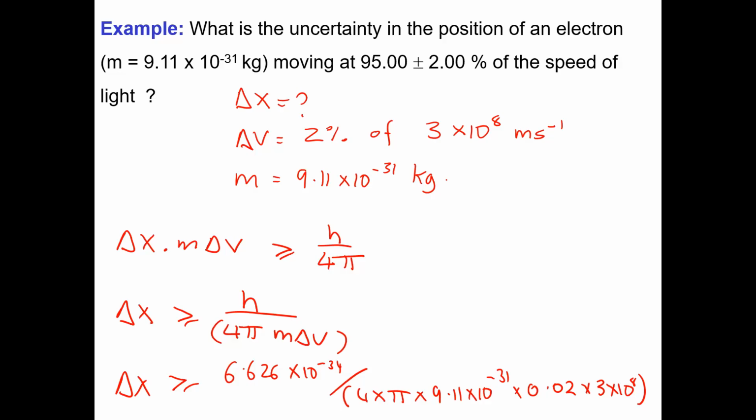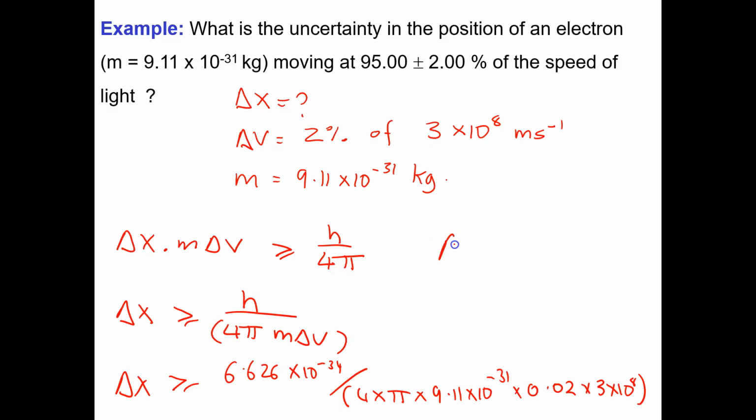So let's see what we get. 6.626 by 10 to the minus 34 divided by 4 times pi times the mass times 2% of the speed of light.